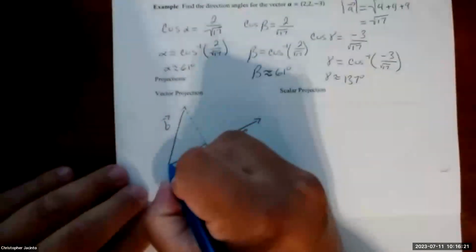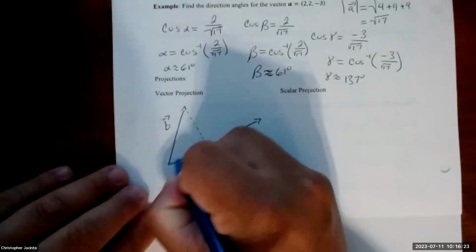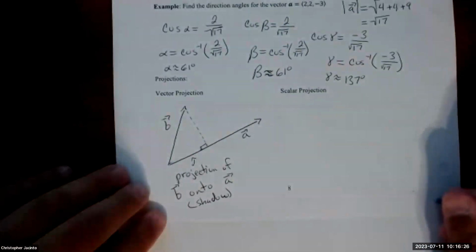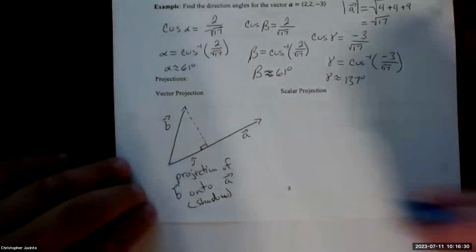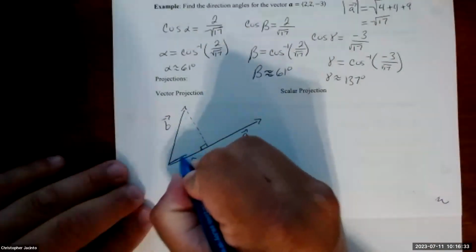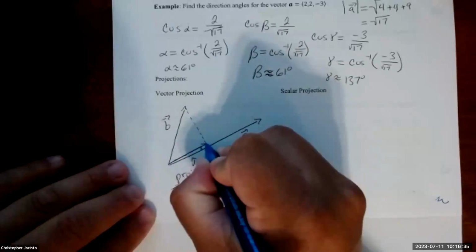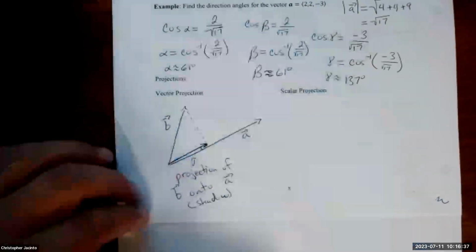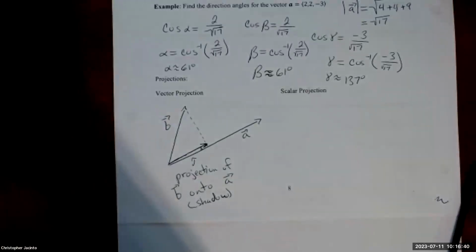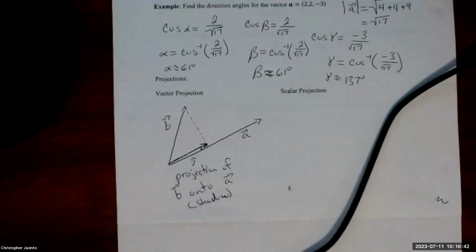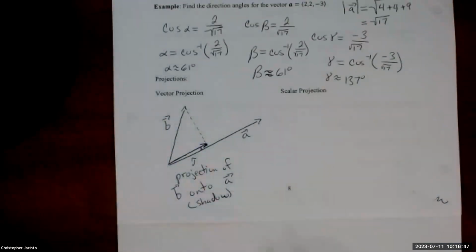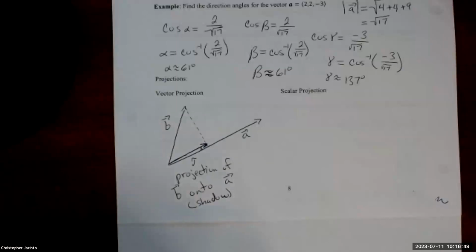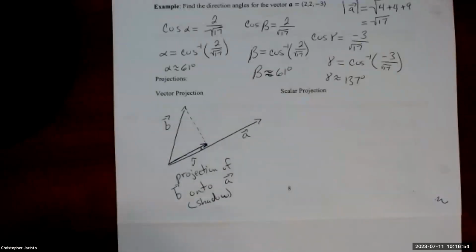This is going to be our new vector right here. This vector here, in blue, would be our projection vector, or what the shadow creates itself. That's called a vector projection.